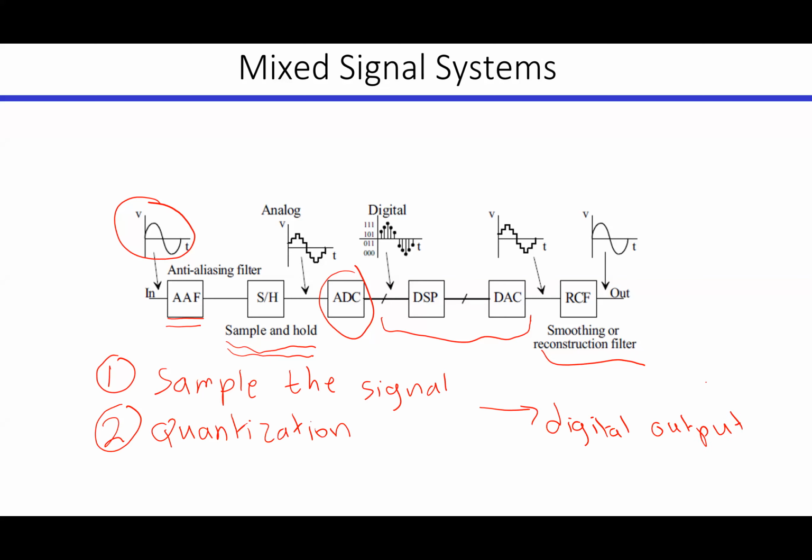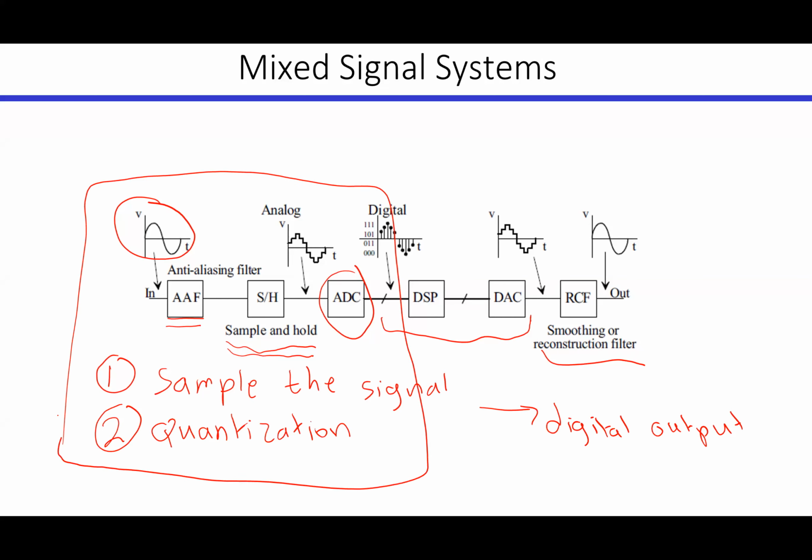Basically this is all done in the first part of the circuit. First we will have the sample and hold circuit. It will perform the sampling function, so we will have just samples. And the ADC will do the quantization and convert them into digital bits, as you can see here. So now they don't just have a voltage value, but they have digital codes for those voltage values.